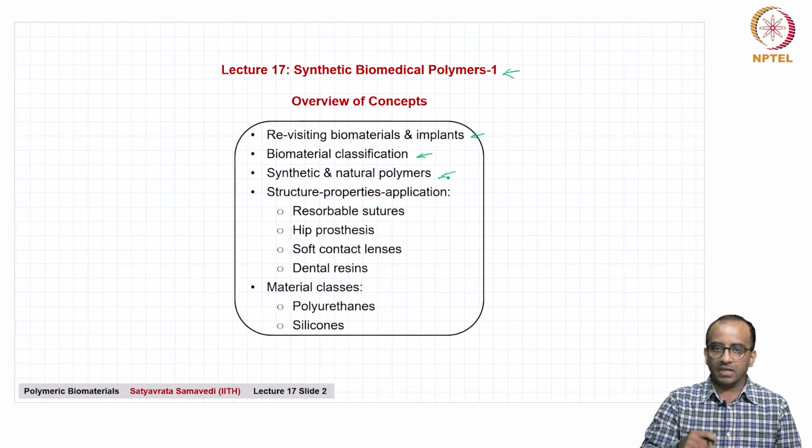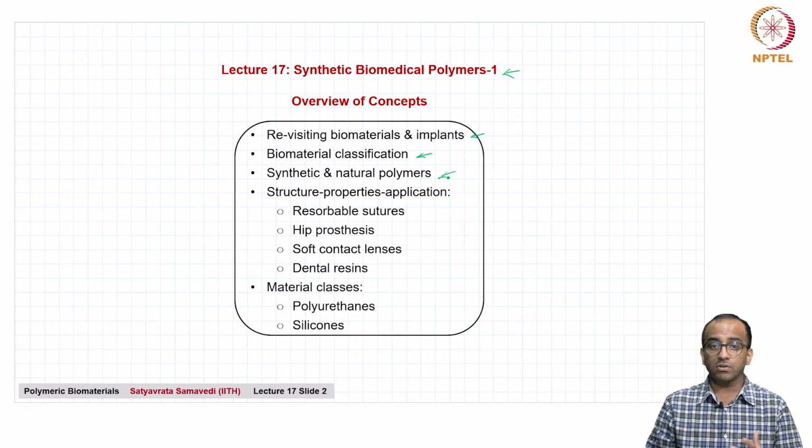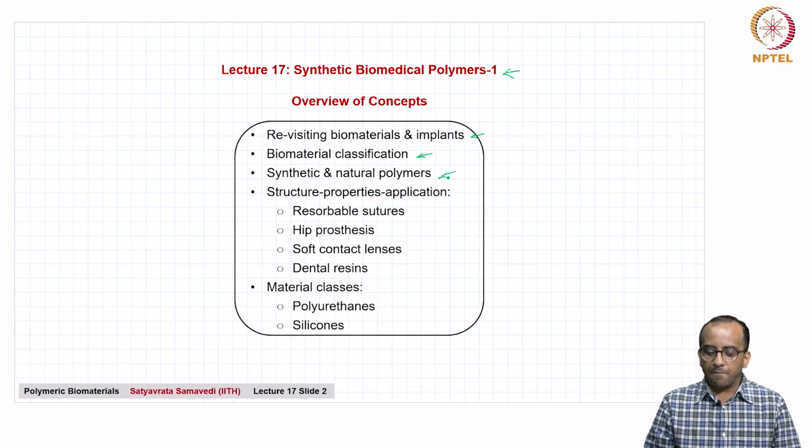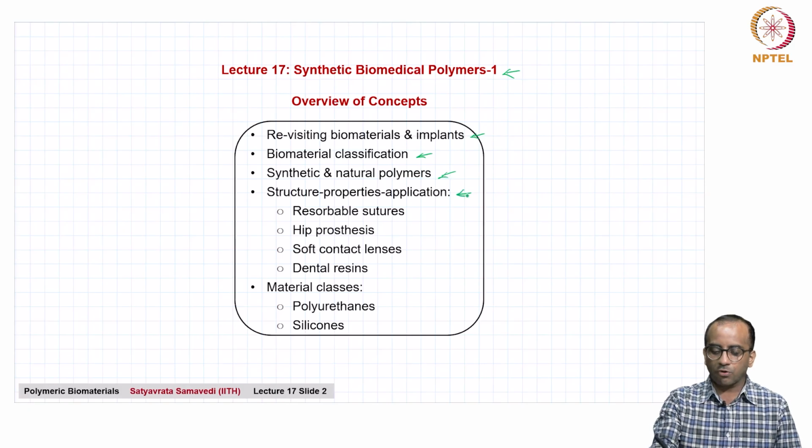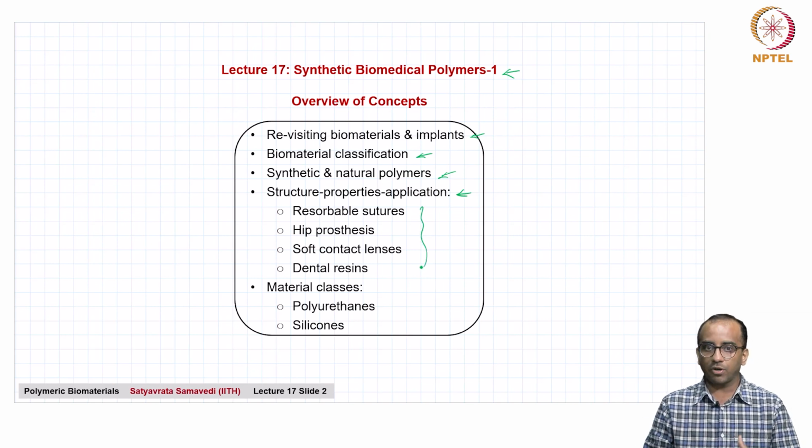And we will focus then on one particular mode of classification based on the origin or the source of the polymeric biomaterial, which will give us broadly two categories, synthetic and natural polymers. And here we will look at both advantages and limitations, if you will, of some of these polymer classes, and then we will move on to structure property application paradigm, where the goal is to pick 4 different clinically important applications and look at first what are the demands of that application.